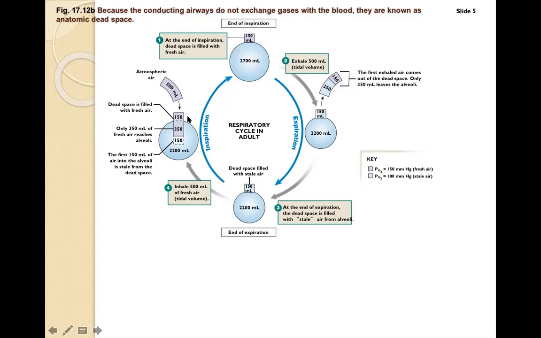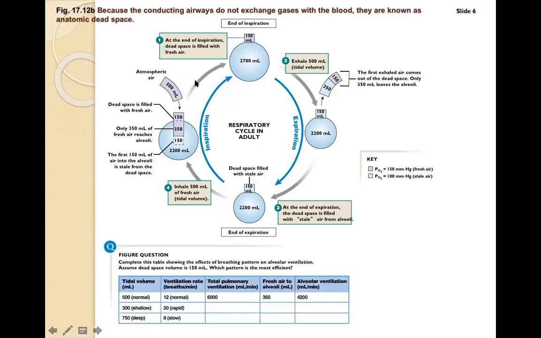So at every single point in time, we're only moving 350 mils of air because 150 is never used in gas exchange and 150 is stale. So we're just constantly bringing in and out 350 mils into the alveoli.